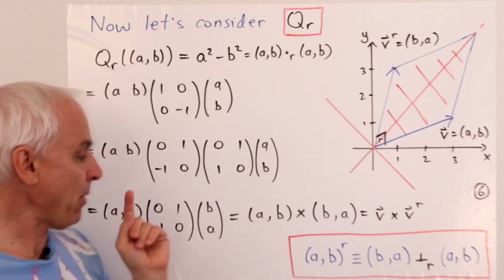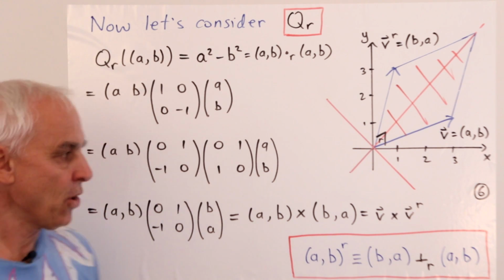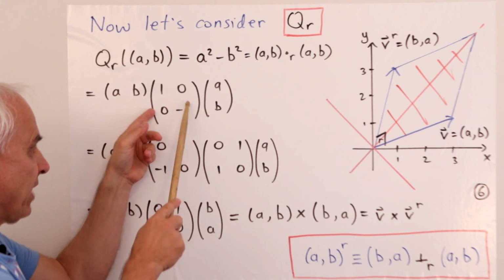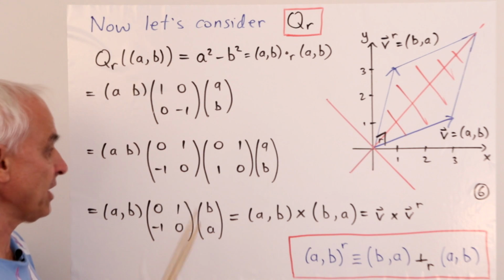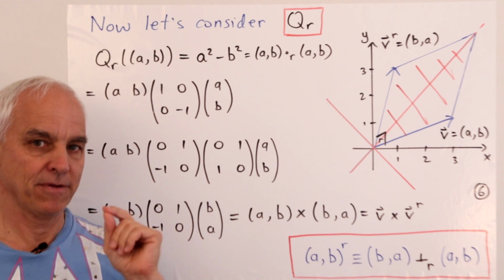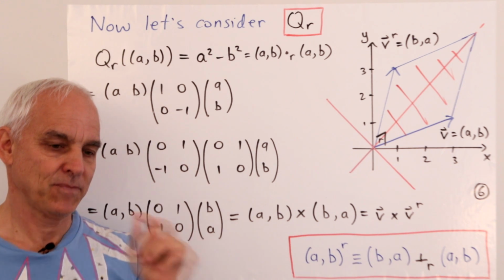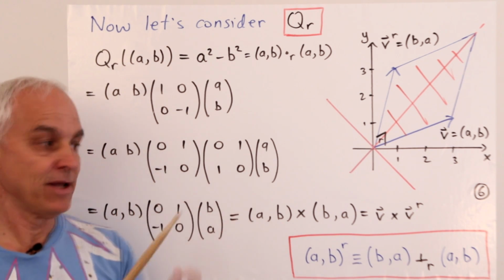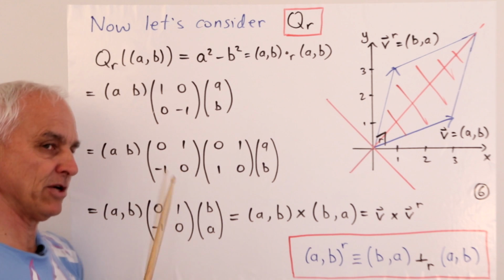Now we're going to do the same kind of thing as we did before. We're going to write this matrix as a product of two matrices, the left-hand one being our cross product matrix, the skew symmetric 0, 1, minus 1, 0 matrix.